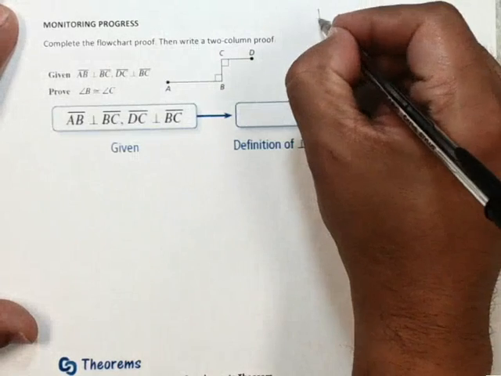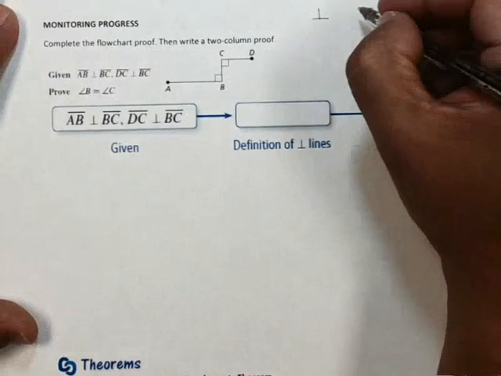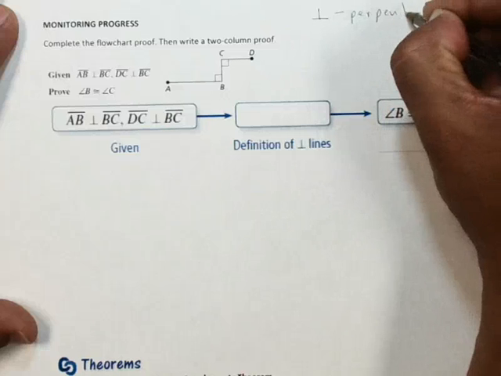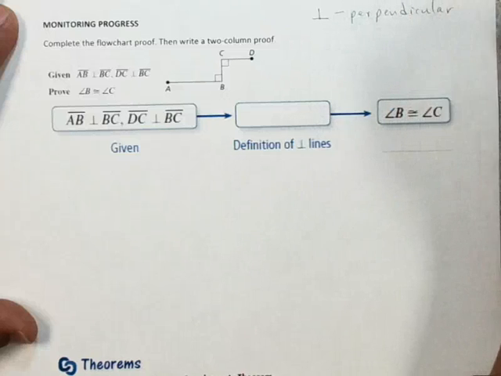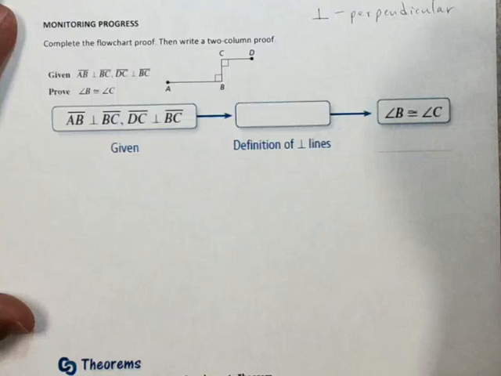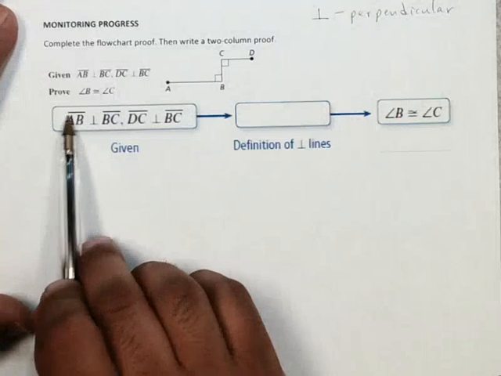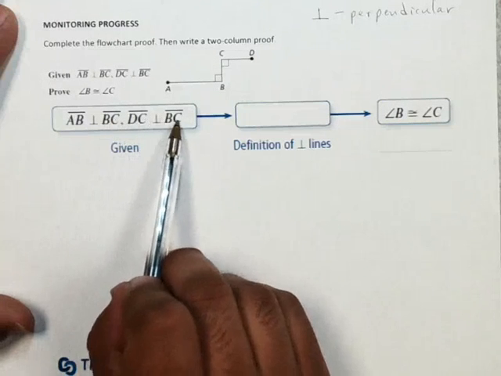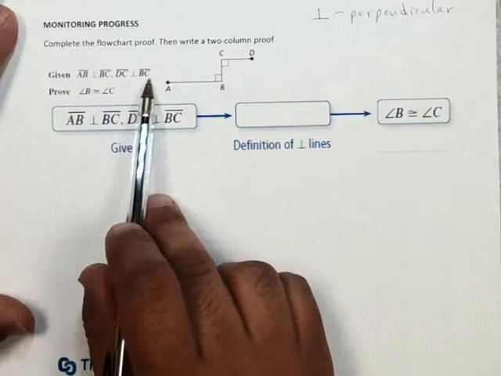Now remember that this upside down capital T means perpendicular. So I know that segment AB is perpendicular to segment BC and segment DC is perpendicular to BC. That's our given statement.